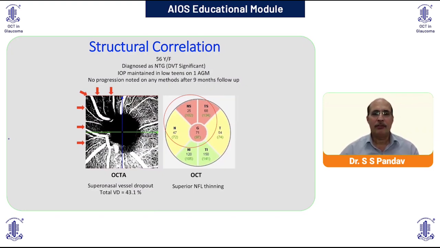But as you can see on OCTA, in the picture on the left side, in the upper left quadrant, there's a marked decrease in the capillary density in that area.